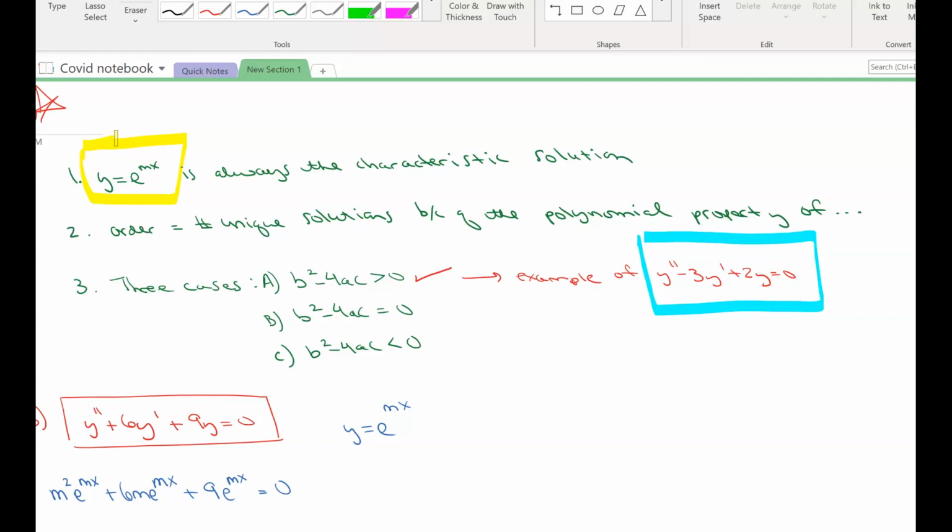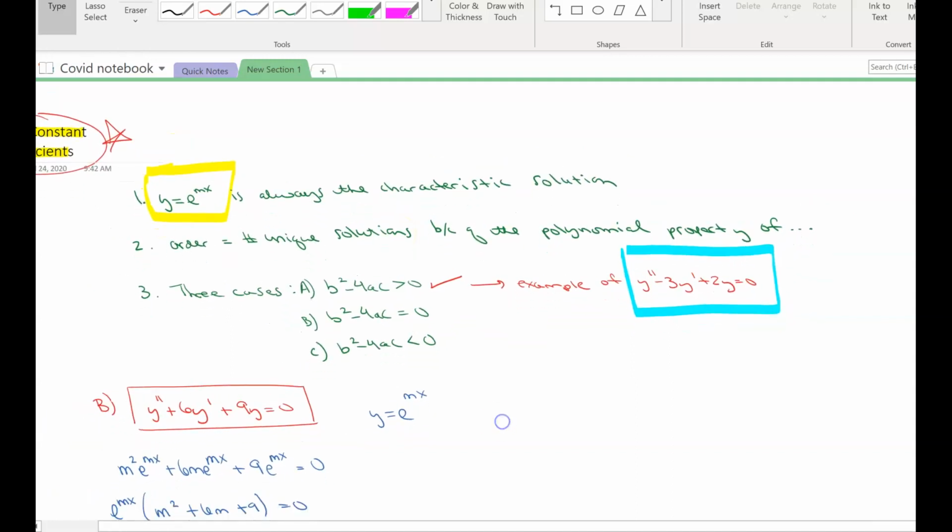Characteristic number 2, for HDEs: the order of the DiffyQ, which means the derivative level, so to speak, will always equal the number of unique solutions. The reason behind this is very simple. It's because of the polynomial property.